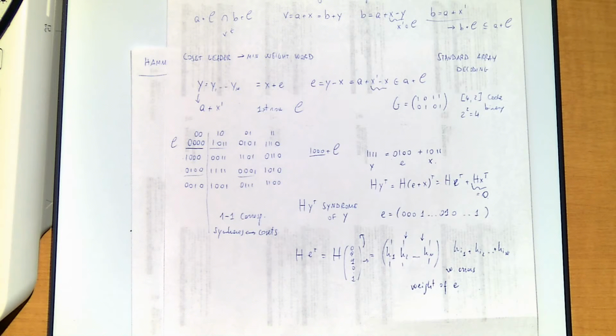That is why it's easy to use the syndrome to decode. It's important because it gives you exactly the sum of these columns here. And we will see in the end what the connection is with the problems that we saw before.